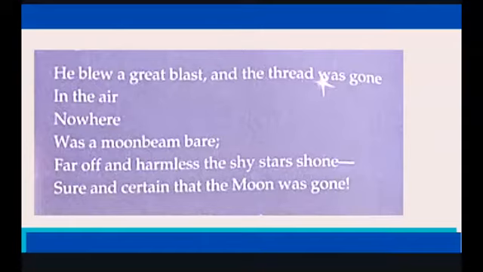As you all know, the no moon day, right? So suddenly the moon disappears and the moon is not to be seen anywhere in the sky, and only the stars are seen. The shy stars are seen shining in the sky. And so the wind thinks that he has been successful in blowing the moon totally out of the sky.